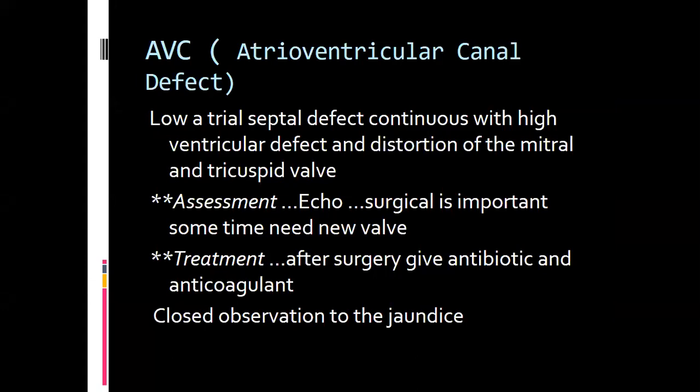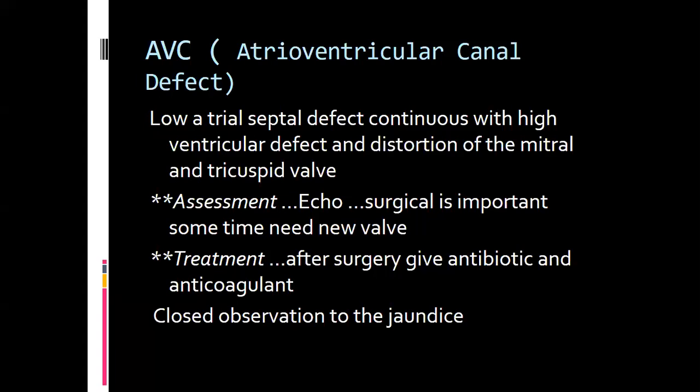So it is continuous with the high ventricular defect, and there is a distortion of the mitral valve. They also have the mitral valve and the tricuspid valve, along with the continuity, so this condition is characterized by the atrioventricular canal defect.